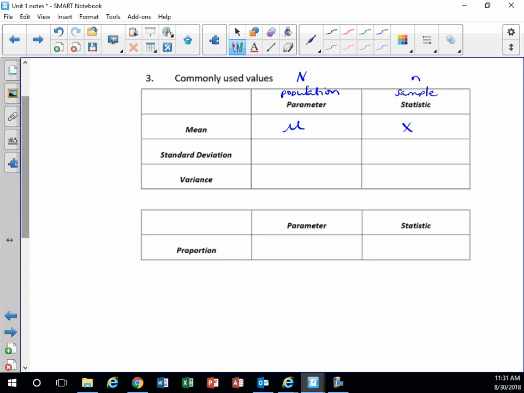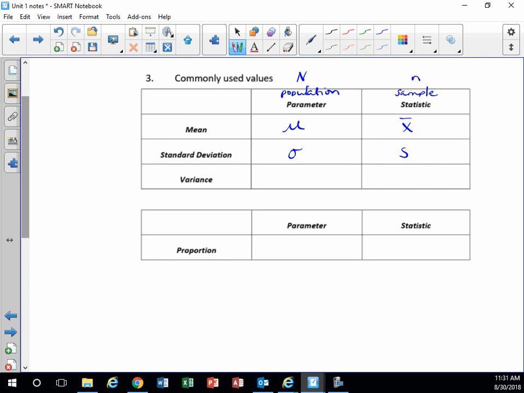It's just X with a line over it. All right, your standard deviation. You see a sigma. That's a parameter coming from your population. You just see an S. We're talking about a statistic from your sample.